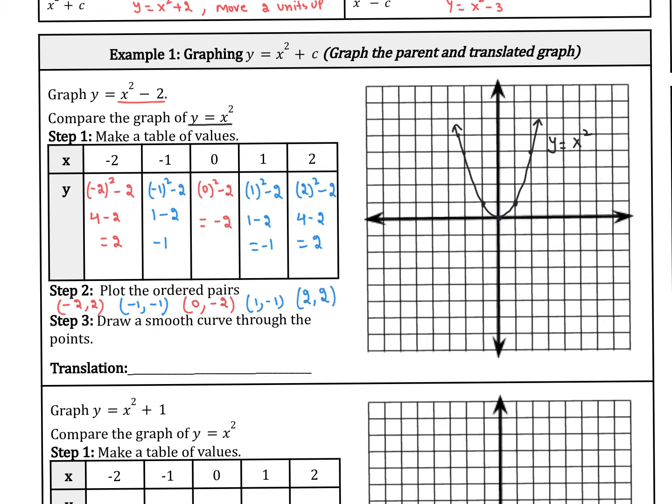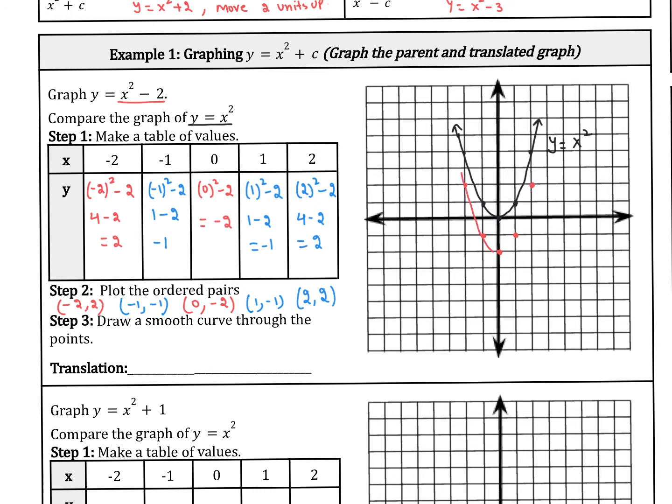When I graph this, you're going to plot these points first. The first point is negative 2 comma 2, negative 1 comma negative 1. Next is 0 comma negative 2, 1 comma negative 1, and 2 comma 2.